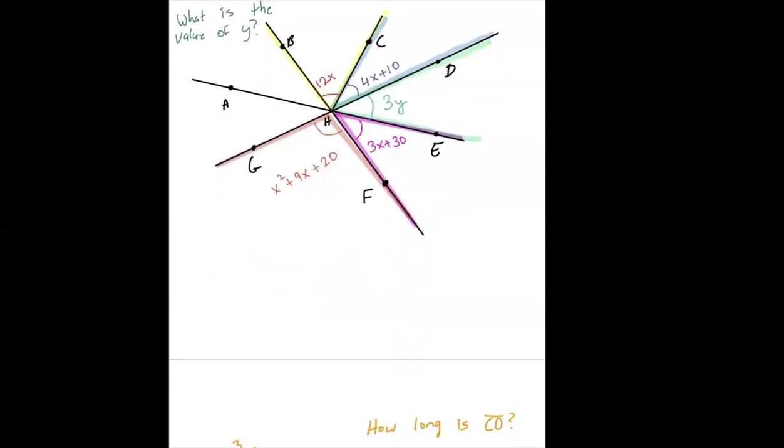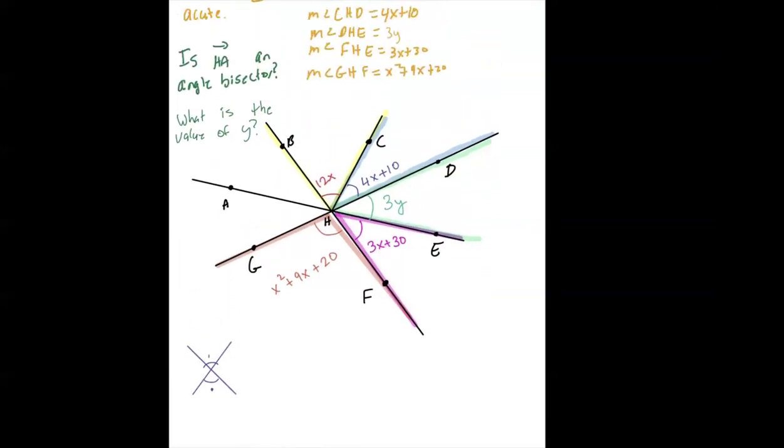Going back to what we have learned in class, if two angles are right across each other on an X, then they are congruent. So whatever is the measurement of this angle, the measurement is same here.